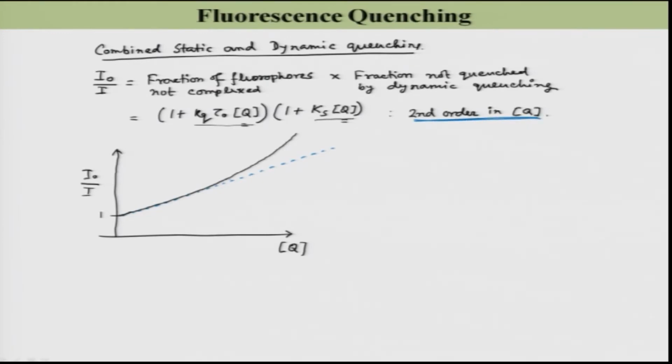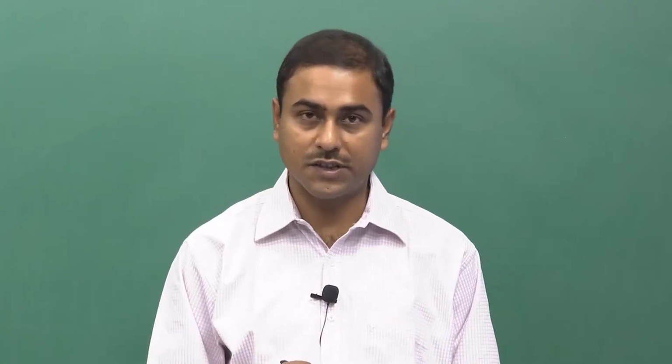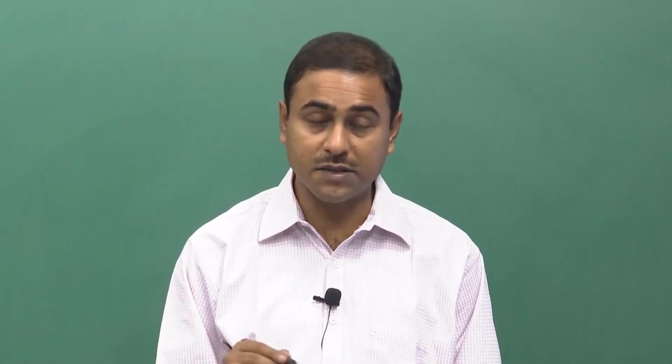However, if you plot tau 0 by tau versus Q, obviously you are not going to see such kind of upward curvature, because for tau 0 by tau there is no contribution from the static quenching, only dynamic quenching is operational or is visible.